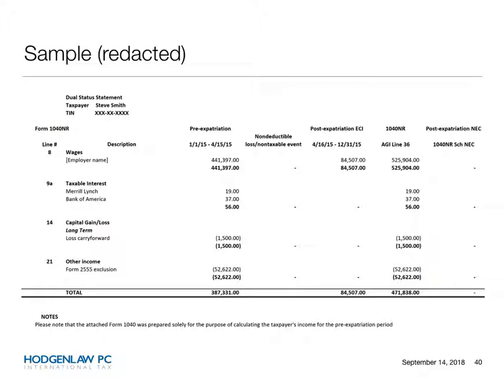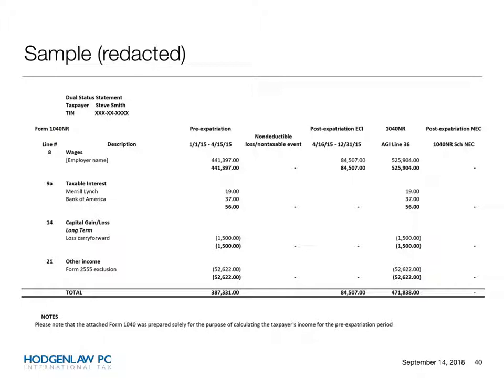And here's a sample of the spreadsheet that we prepared in addition to the dual status statement and tax return form. Steve again, good old Steve, a green card holder, abandoned his green card on April 16, which causes the dual status division. From the left, you'll see line numbers and descriptions for tax items that had values on the dual status return, in this case the form 1040NR.